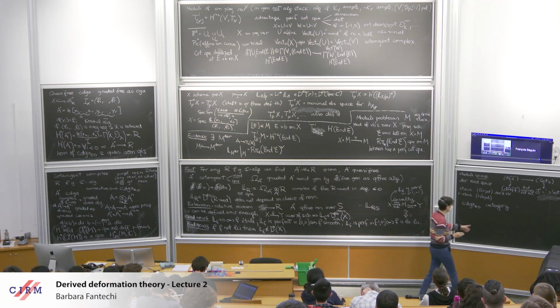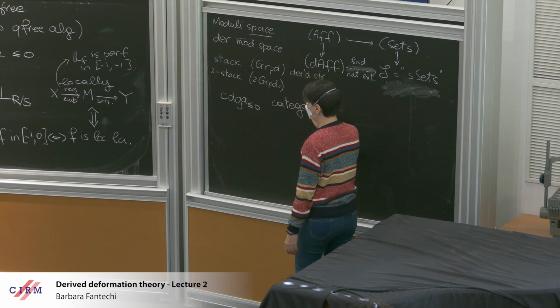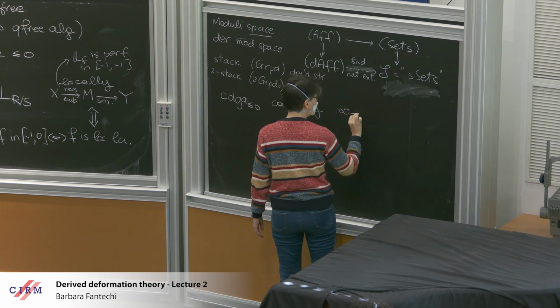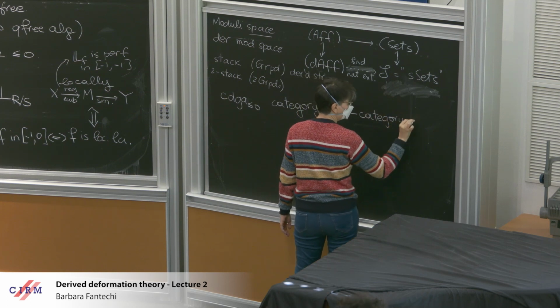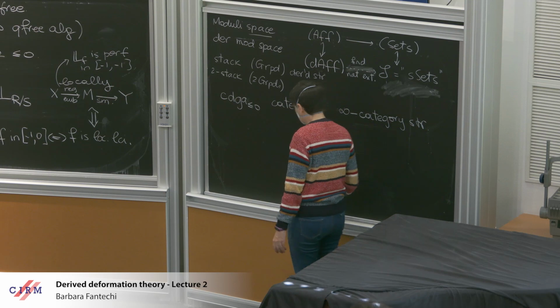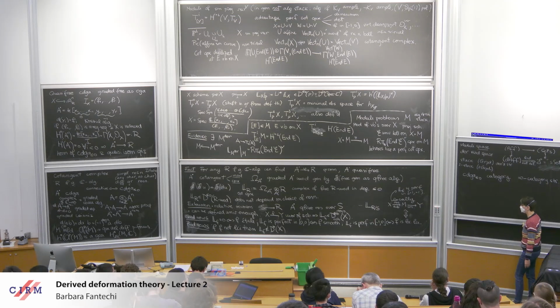But what I want to say is that I can already give some version of infinity category structure on this. It's maybe not exactly the same, but I'm pretty sure it's a special case, because you still have to localize at quasi-isomorphisms.